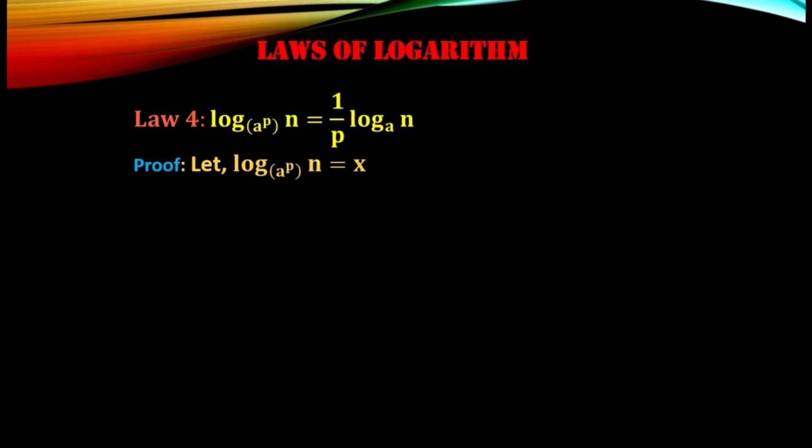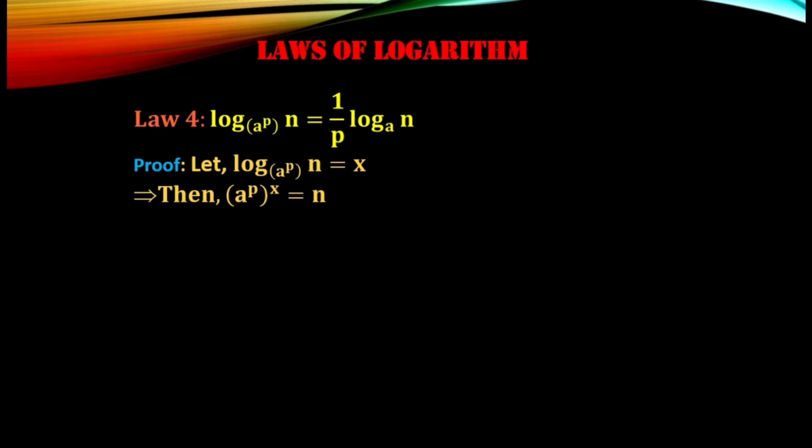Supposing that log of n to the base of a to the power p is equal to x, which is an independent variable again, then we can say that a to the power p, to the power of x, equals n. We can say this definitely, because we have discussed in our previous lecture that if a number can be expressed in logarithmic language, suppose we take a to the power p as a variable z, and log of n to the base z equals x, then we can write z to the power of x equals n.